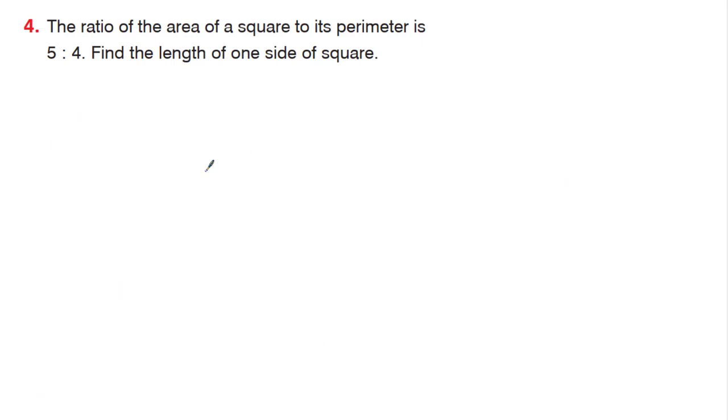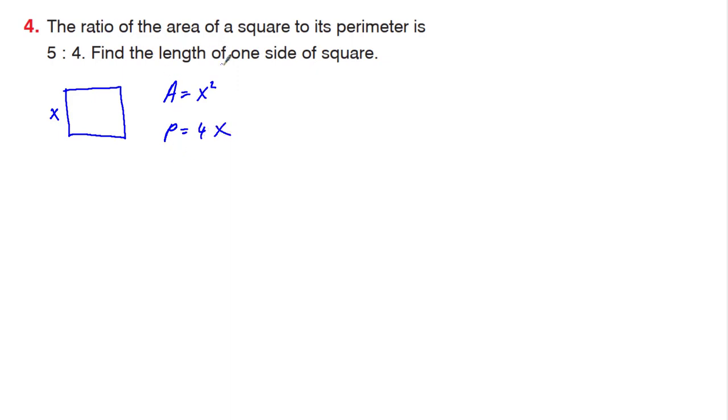Find the ratio of the area of a square to its perimeter. The ratio of the area of a square to its perimeter is 5 to 4. Find the length of one side of the square. Well, how do you find the area of a square? Let's say that the square has side length x. Its area will be x squared. Its perimeter would be 4x.